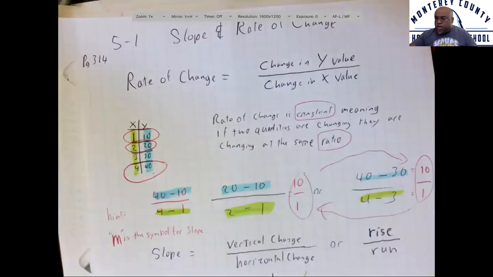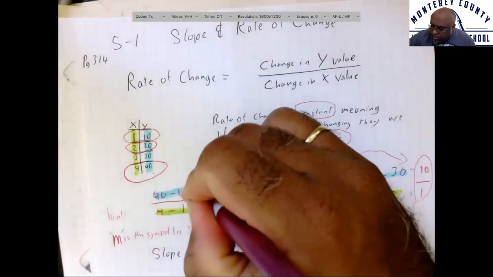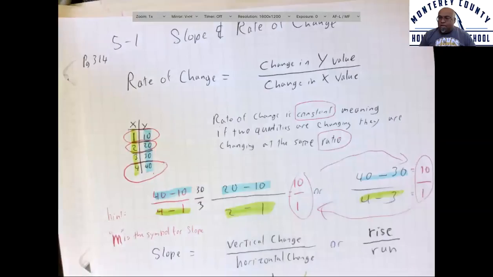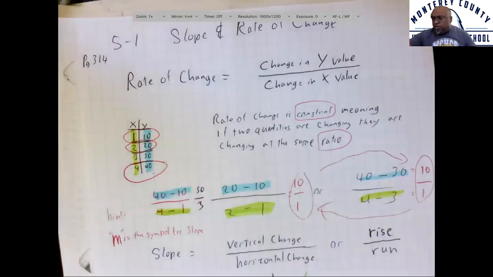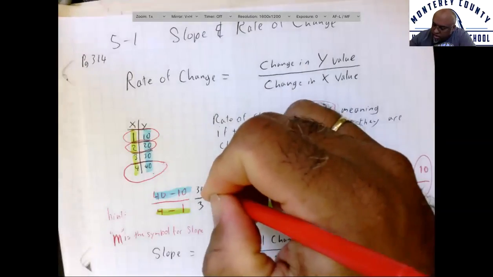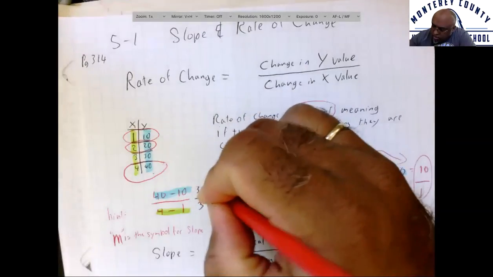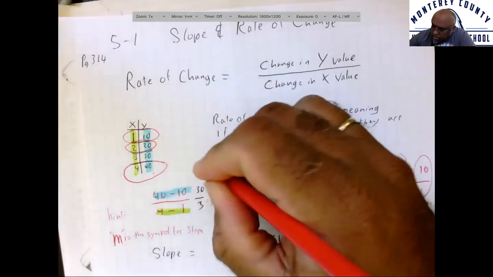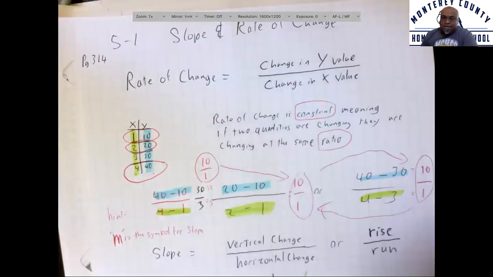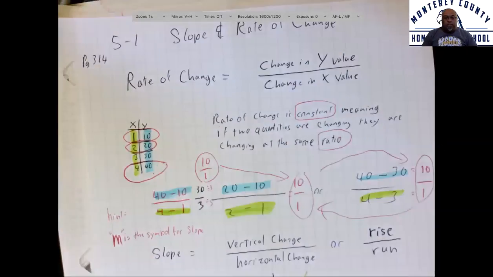Now 40 minus 10 is 30. 4 minus 1 is 3. So I get 30 over 3. But wait, it's a ratio, but it's not in lowest terms. So let me simplify this. I can divide them both by 3, and I get 10 over 1. Well, look at that. It's the same ratio.